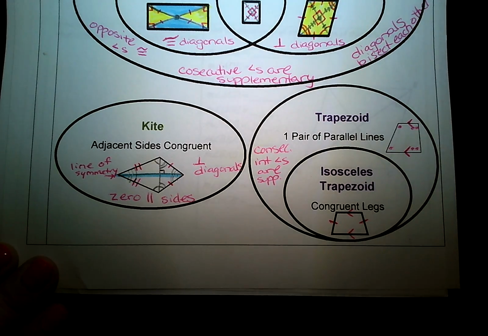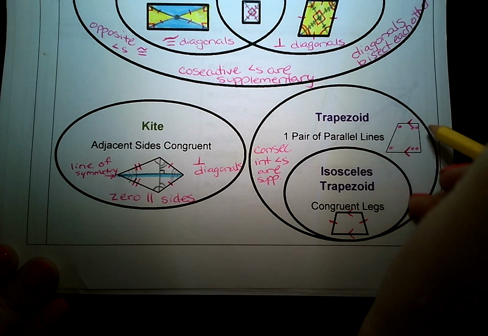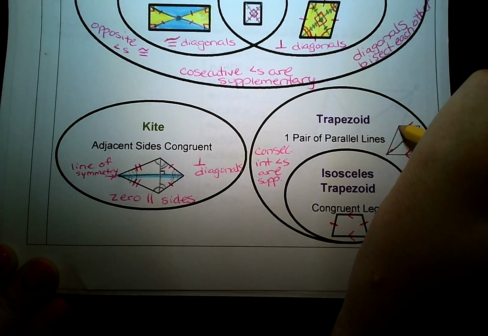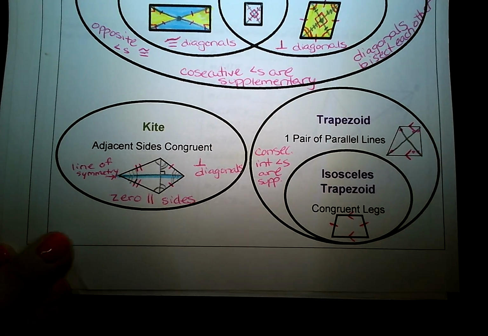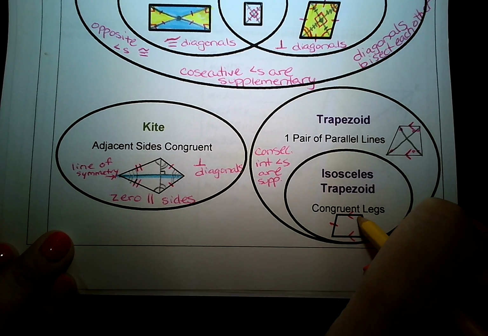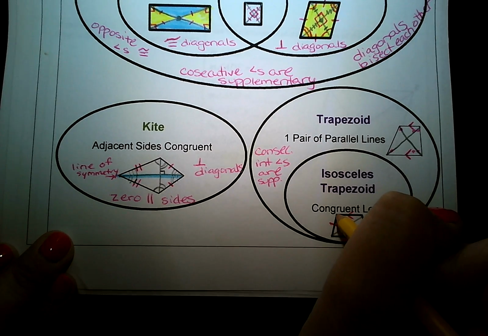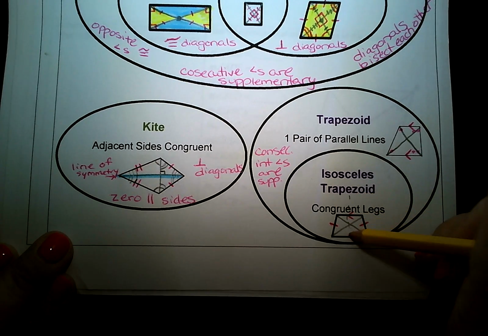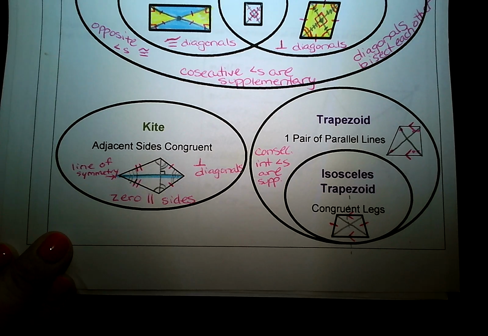Since an isosceles trapezoid has congruent legs, let's check out what happens to the diagonals. In a trapezoid, there is no symmetry to be found, so the diagonals have no relationship to one another. In an isosceles trapezoid, we can cut this shape right down the middle vertically, and whatever's on the left is equal to whatever's on the right. This allows for the diagonals to be congruent.